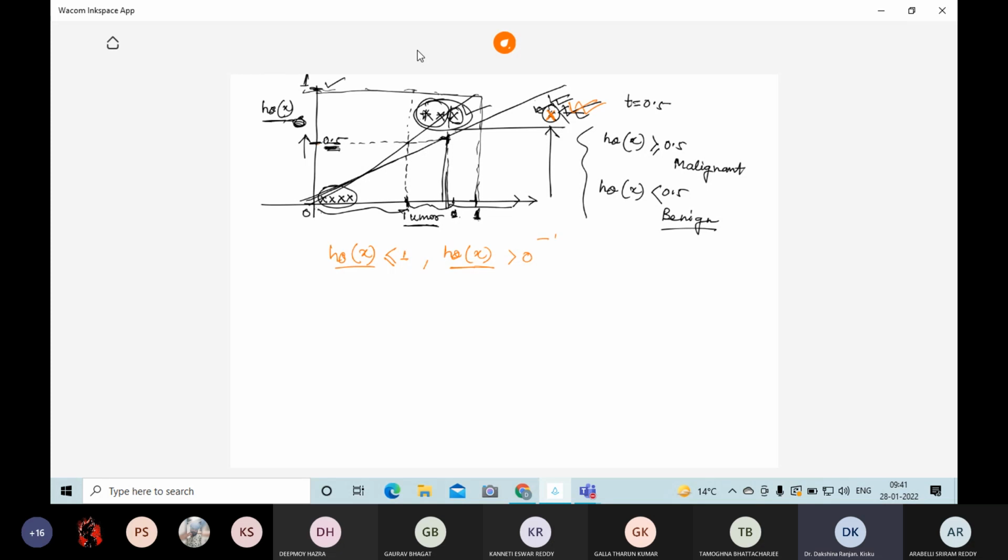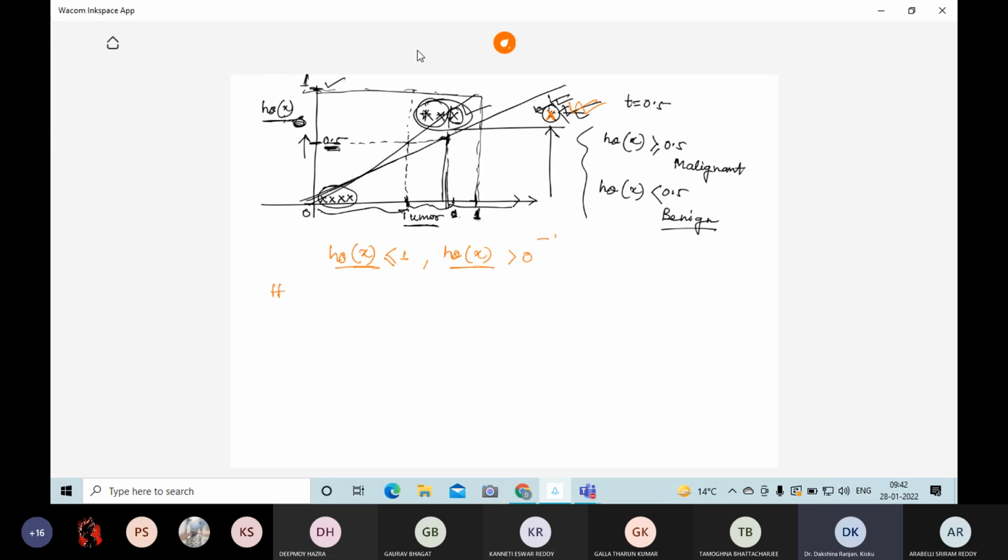We cannot deal with this problem with linear regression, because if we apply linear regression, the error will be very large. That means the residuals will be very large, so we cannot apply linear regression in this case. Now we can define a hypothesis representation.